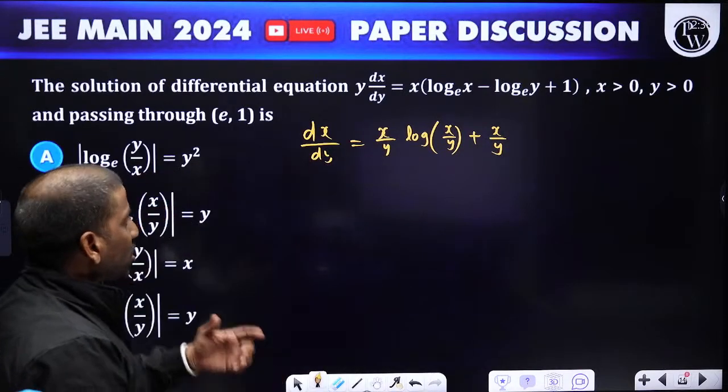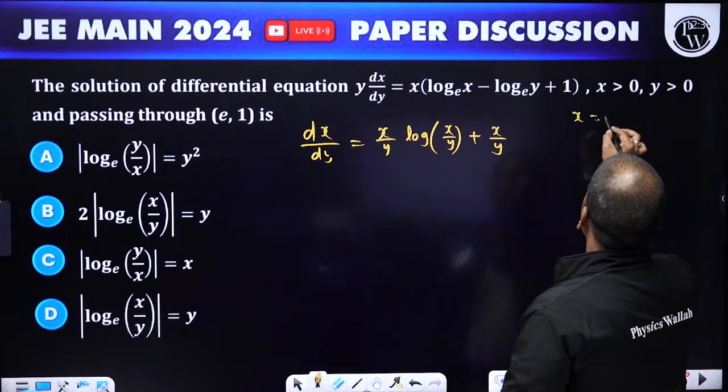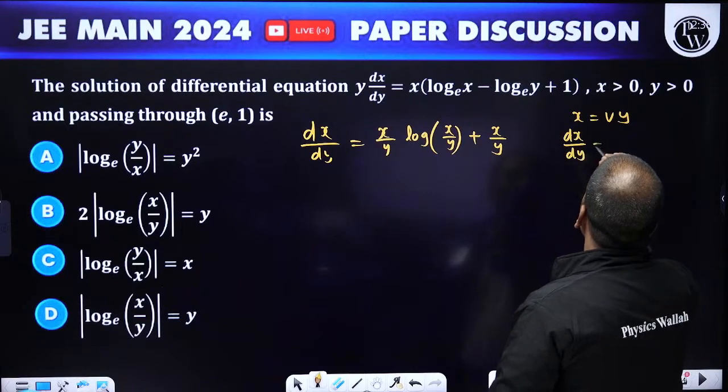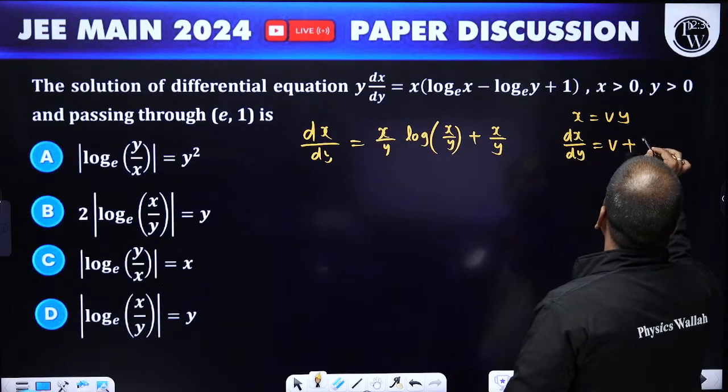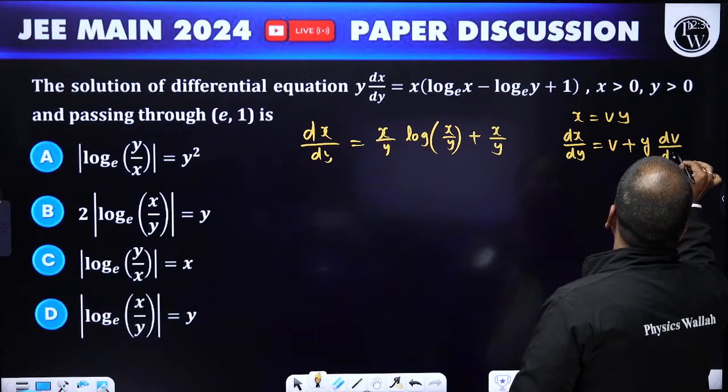You can take x by y is equal to v, it's like a homogeneous equation. x is equal to vy, dx by dy, which is equal to v plus y times dv by dy.